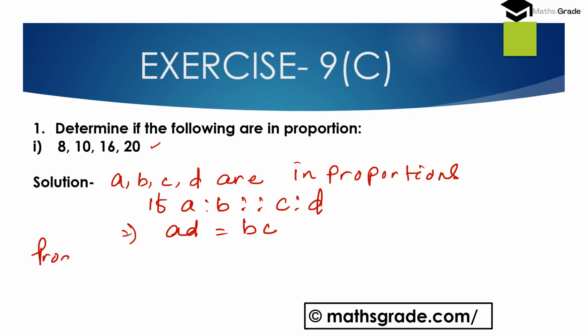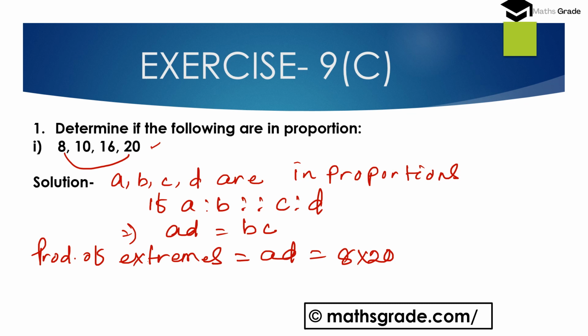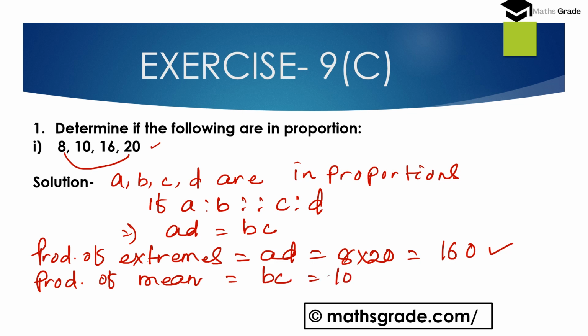So product of extremes is AD, that is 8 multiplied by 20 is equal to 160, and product of mean is BC, 10 multiplied with 16, that is 160.